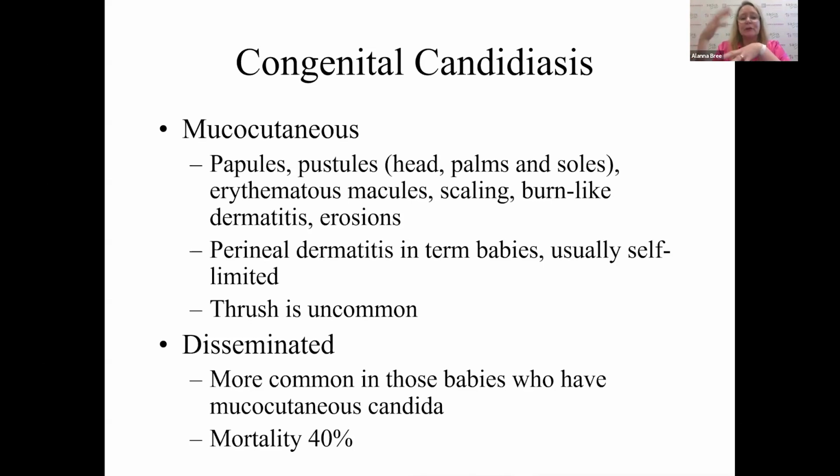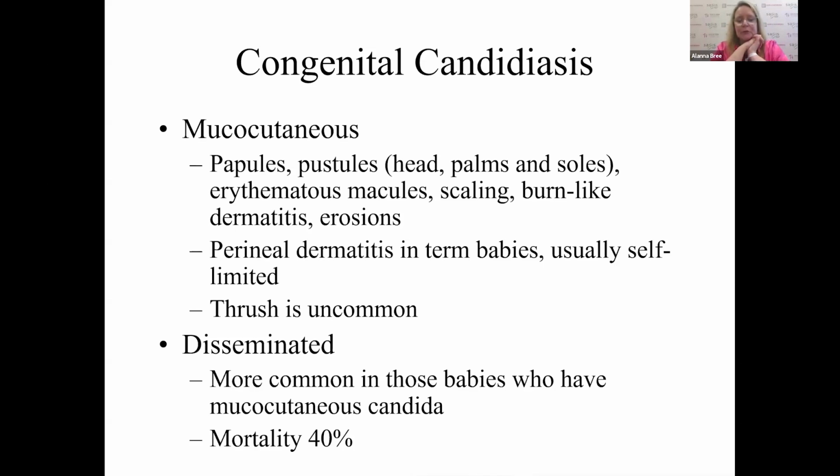It can affect the perineal area in term babies, and that is usually self-limited. And then thrush is uncommon in congenital candidiasis. Then when it becomes more disseminated, it can progress with a mortality of 40%.